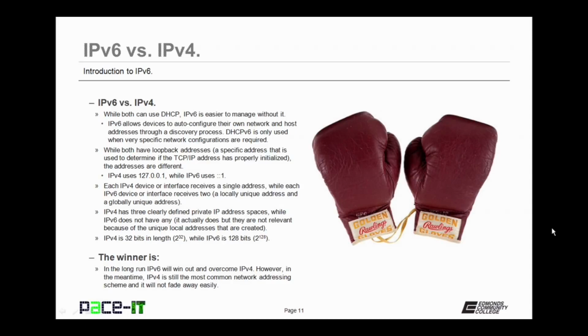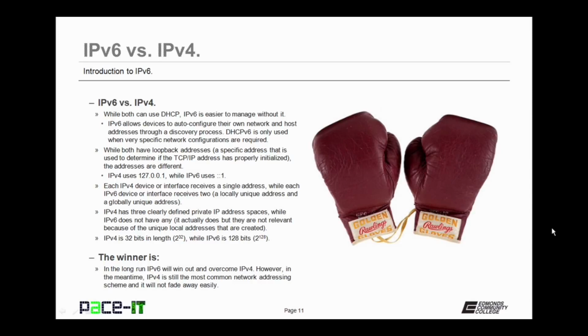IPv4 devices or interfaces receive a single address, while each IPv6 device or interface receives at least two: a locally unique address and a globally unique address, making it more versatile. IPv4 has three clearly defined private IP address spaces, while IPv6 does not.